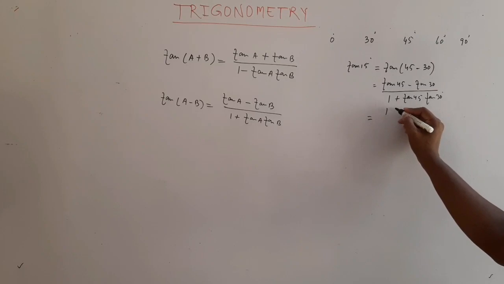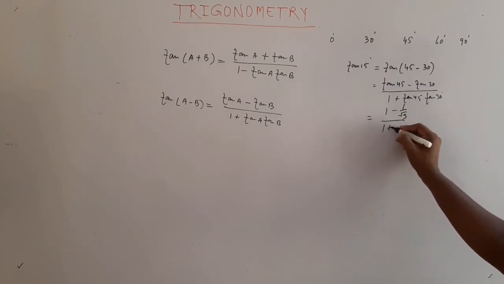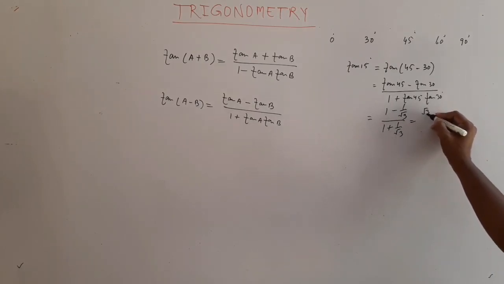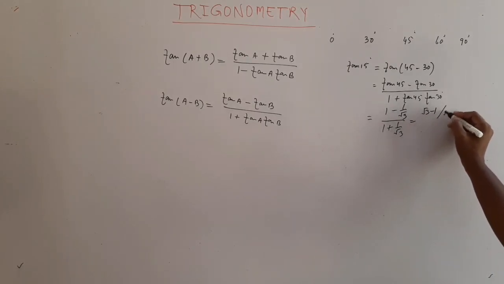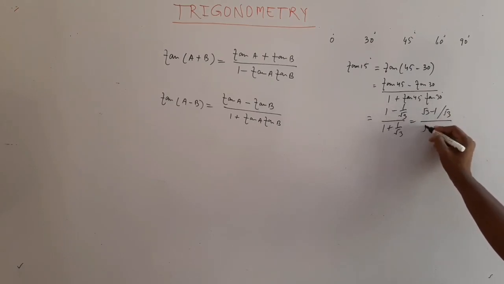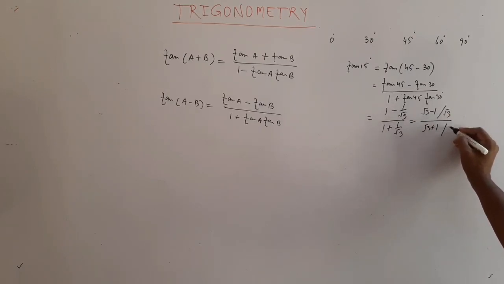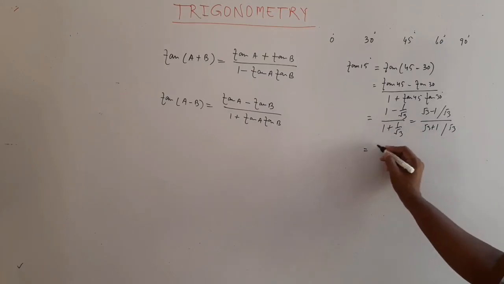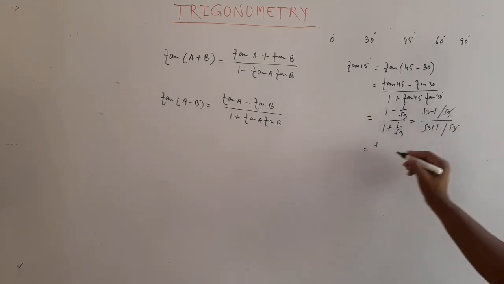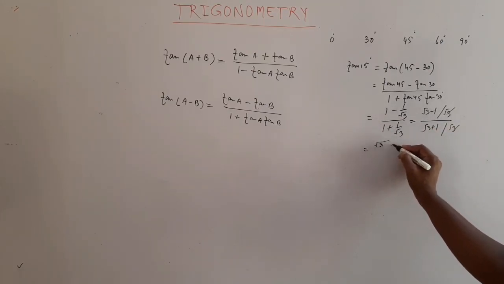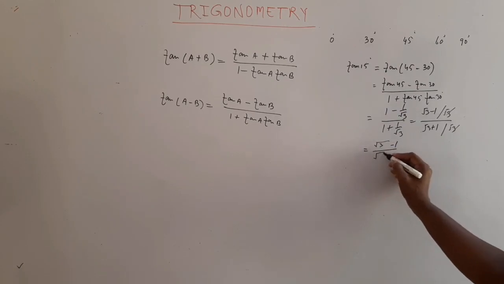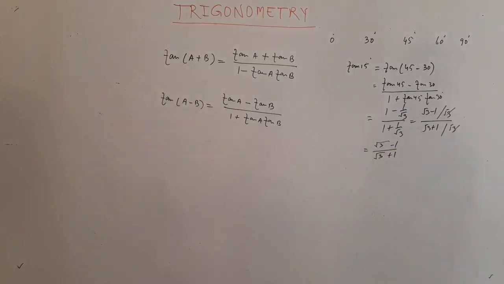That is, tan 45 is 1, so (1 - 1/root 3) over (1 + 1/root 3). You'll get (root 3 - 1) over root 3 divided by (root 3 + 1) over root 3. These two cancel, and you get (root 3 - 1) over (root 3 + 1).